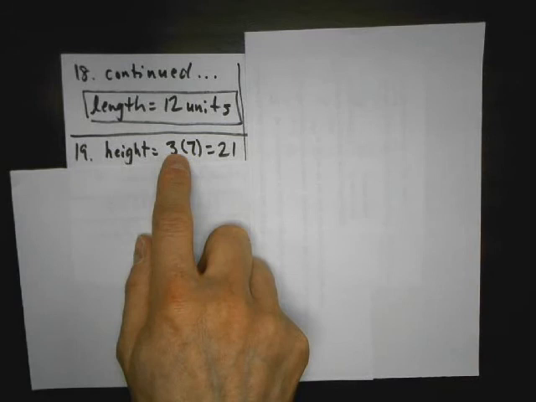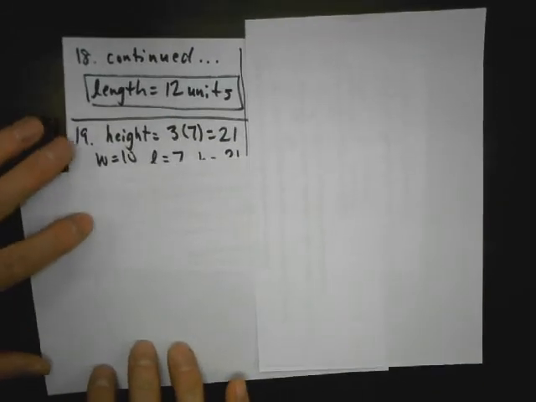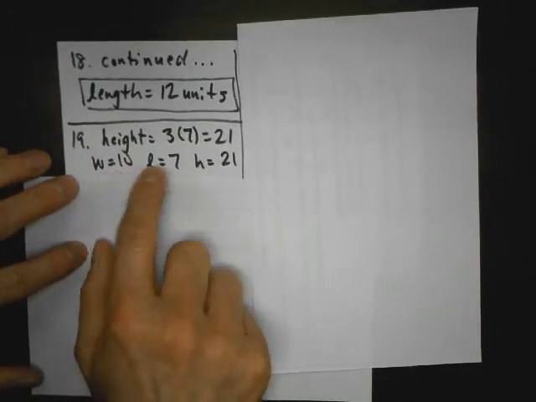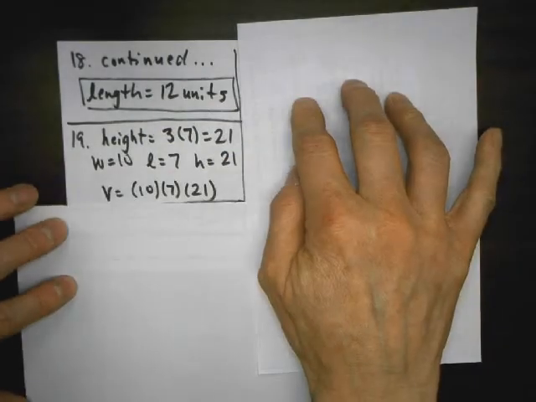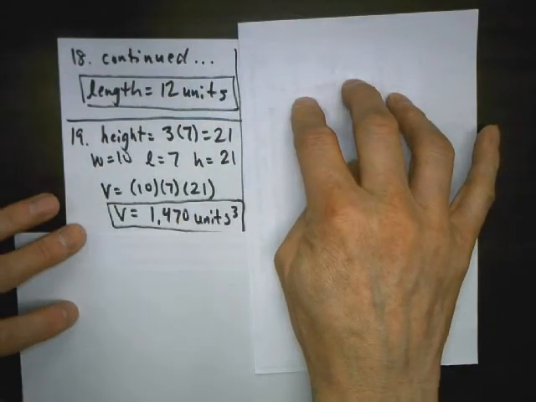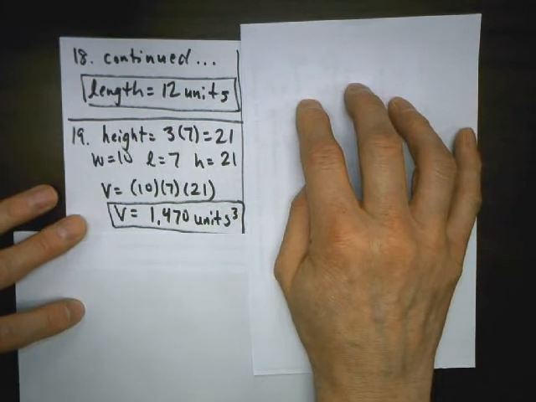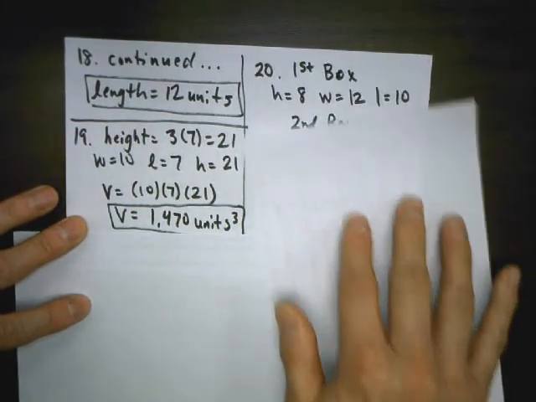Oh, I need to find the height. Okay, so the height is 3 times the length. They gave me the length of 7. 3 times means times 3, so I found the height is 21. So the width they gave me is 10, the length is 7, the height is 21. I get volume by multiplying those together. We're using calculators now, so I hope that's easy. 1,470 units cubed is the volume.